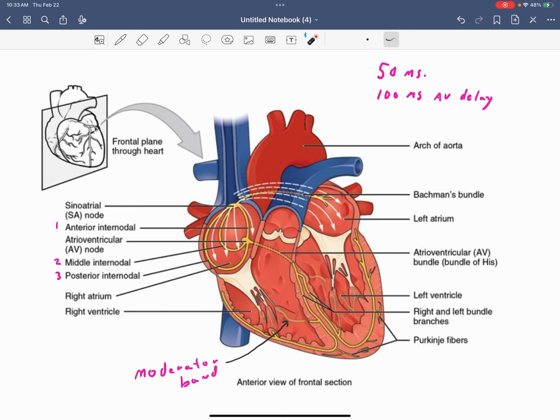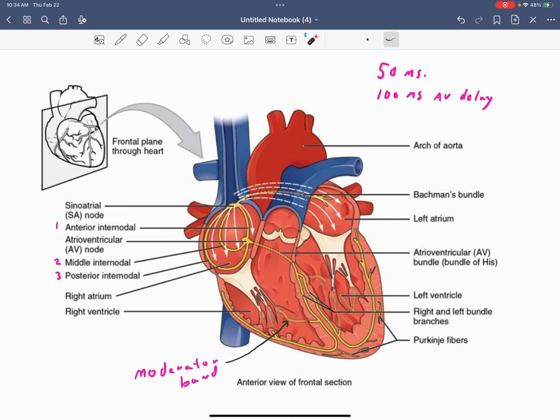There's another structure we should have a look at, and that is the moderator band. The moderator band helps to bring the signal to the papillary muscle, probably just a fraction of a second before the myocardium contracts. The reason it's thought this occurs is because the papillary muscle have the chordae tendineae attached to them, and the chordae tendineae attach to the flaps of the valve.